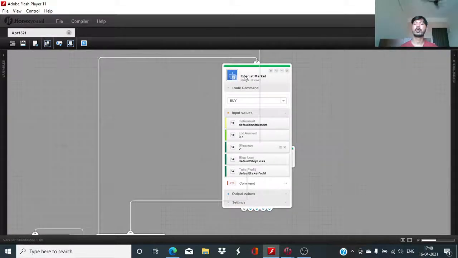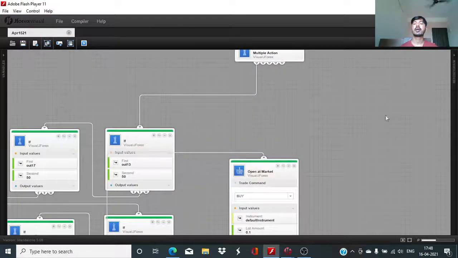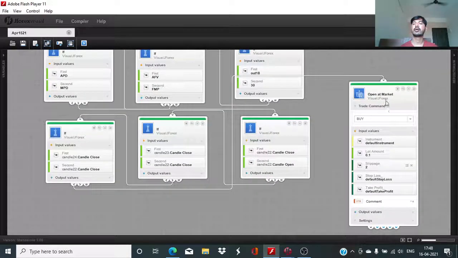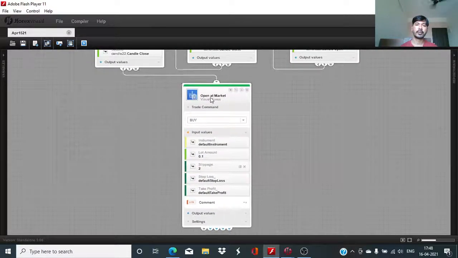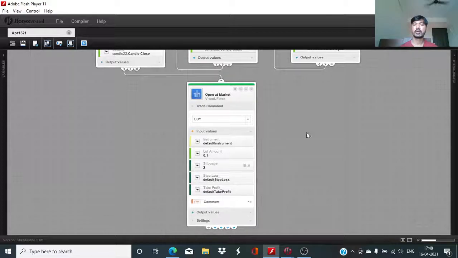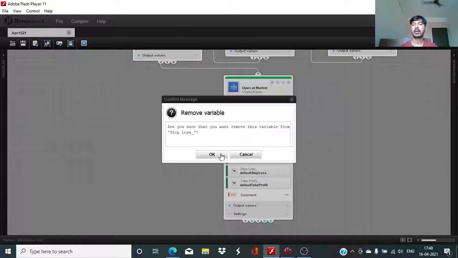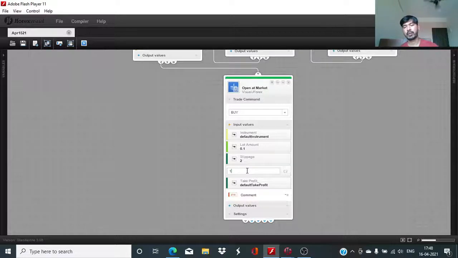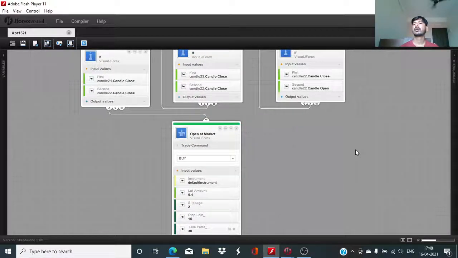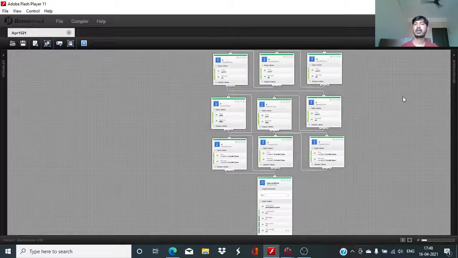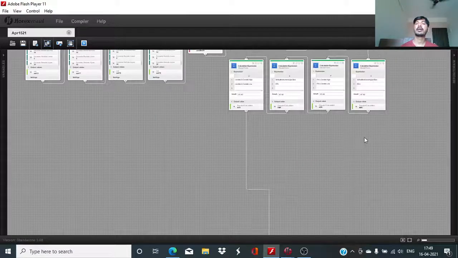It's all about individual choice and trading style, and there is nothing called the perfect combination. So in this case I will change it to 15 pips and 30 pips. Okay, output value will be the position. Okay, so with this the buy side setup is complete.